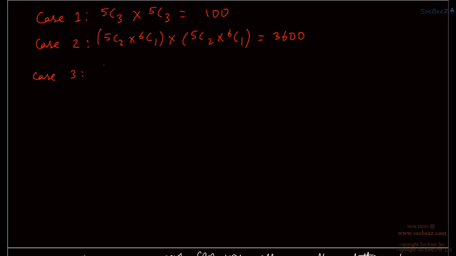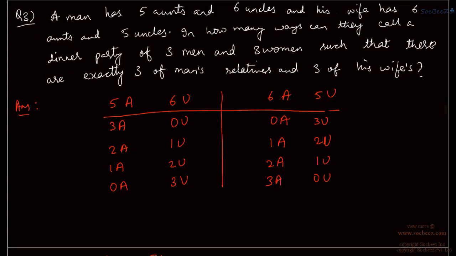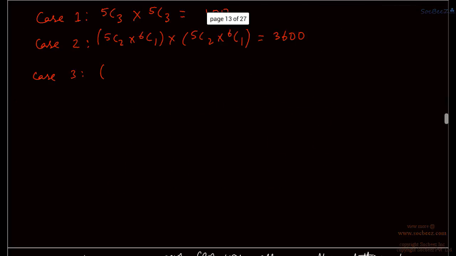Case 3. We now have 5c1 into 6c2, and that is again squared because of the symmetry. So this is 5 into 15, that's 75. 75 squared is 5625.